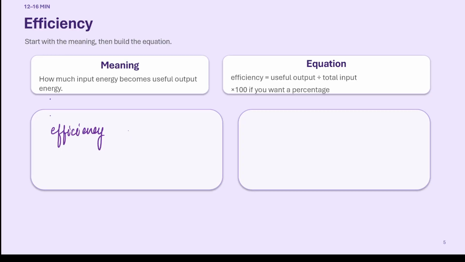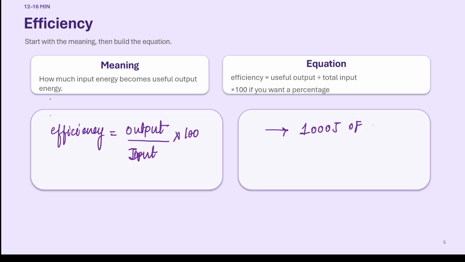For example, if I am doing a barbecue in my garden, which I do not have a barbecue machine, but if I am doing it and I end up burning a fuel which gives 1000 joules of chemical energy, this is the input energy. Whatever energy I'm giving is the input.